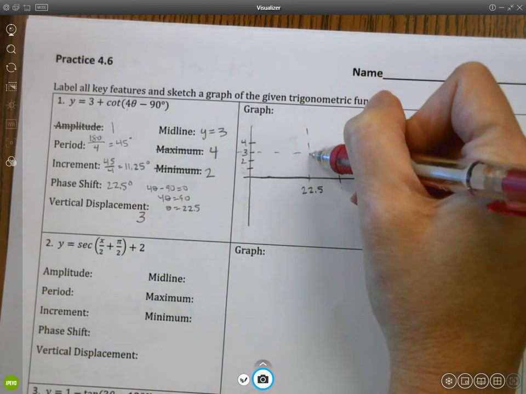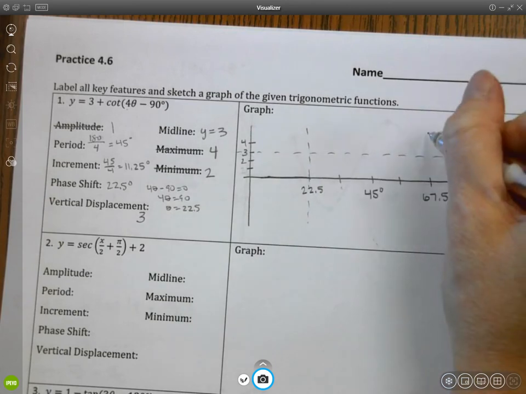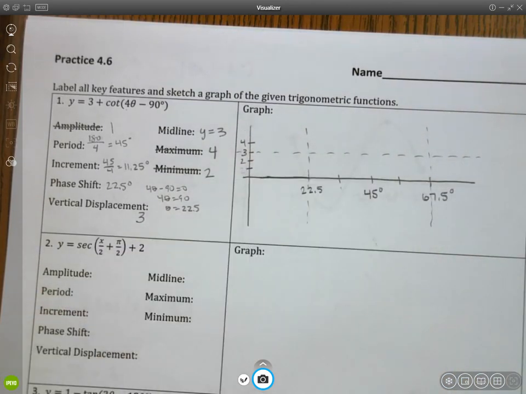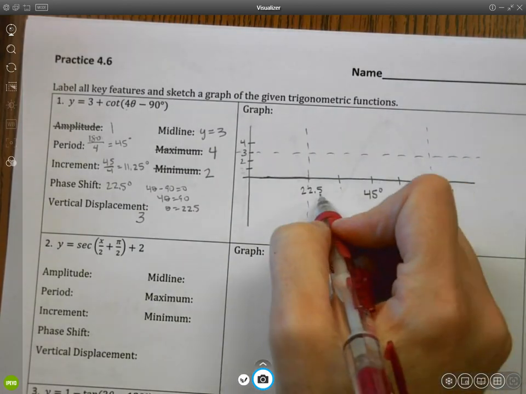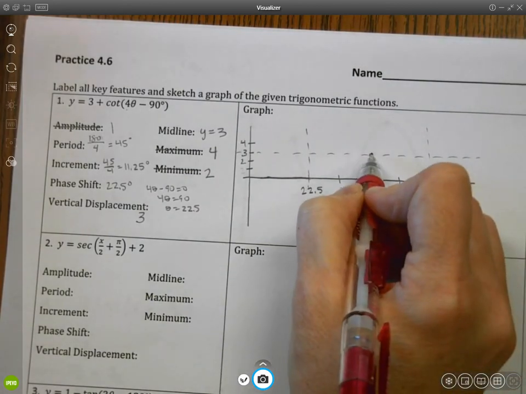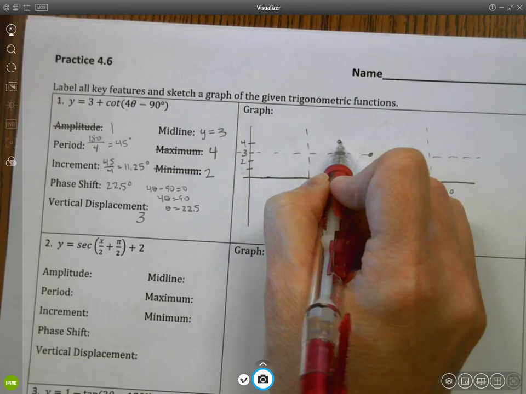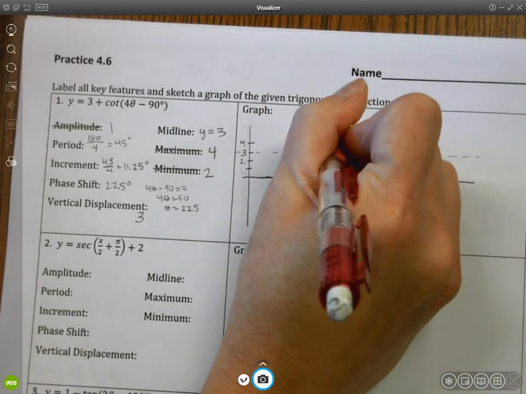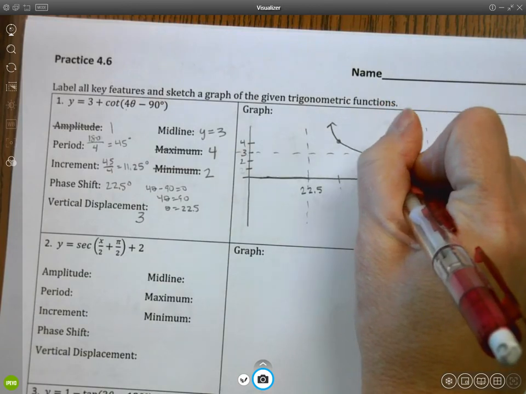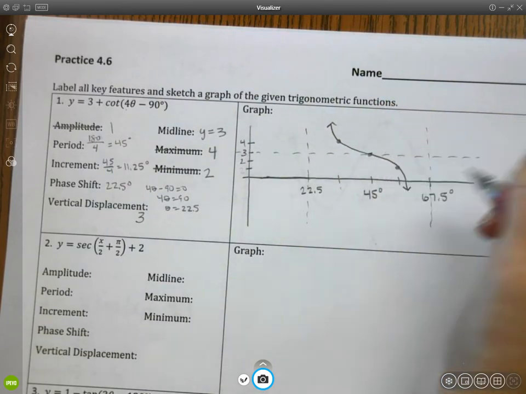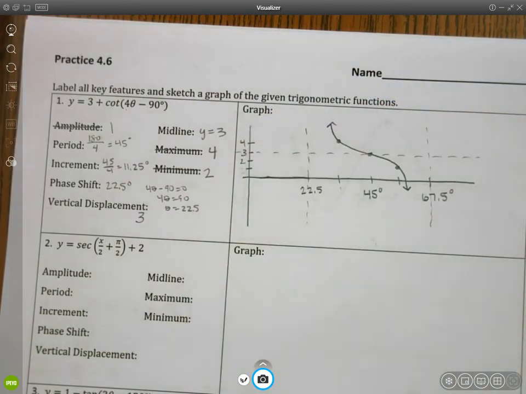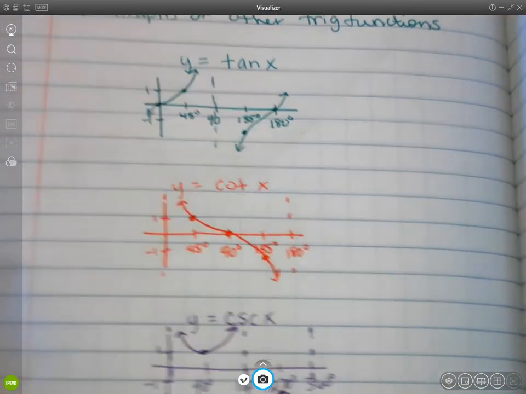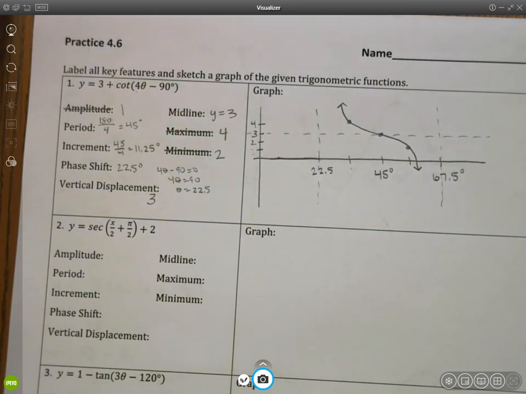So this is an asymptote because we shifted, and this is an asymptote because we've shrunk it. Alright, so for cotangent, the middle is 0, and then this side is up and this side is down, and then you draw your little cotangent curve. Alright, so you see how we have the same picture? It's just the numbers are different. And that's pretty much how it's always going to be.